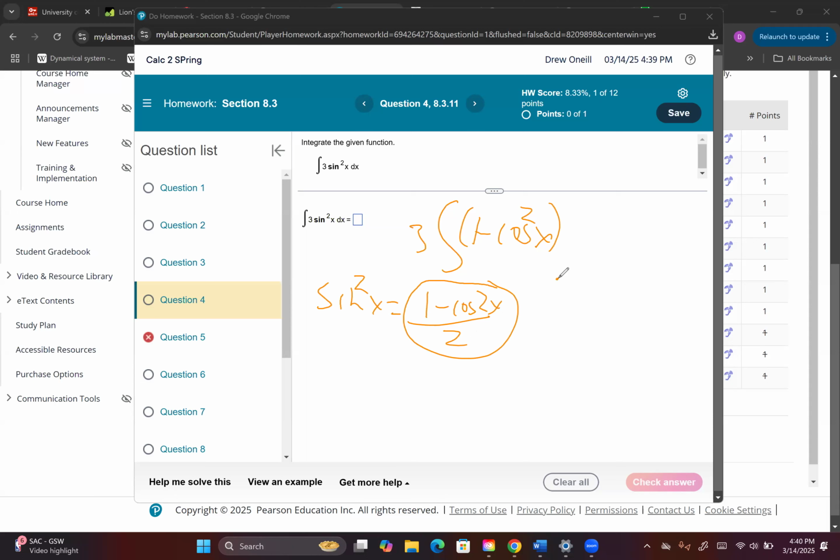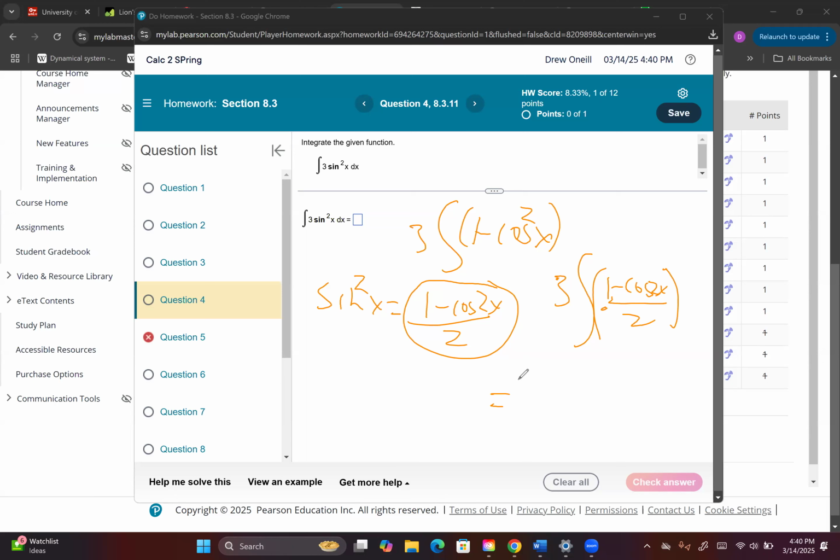So what we're going to do is we're going to say 3, but instead of sine squared, we have this. And, oh, why did I put that squared? It's a 2x. And we can do that one, okay? It's not that hard.